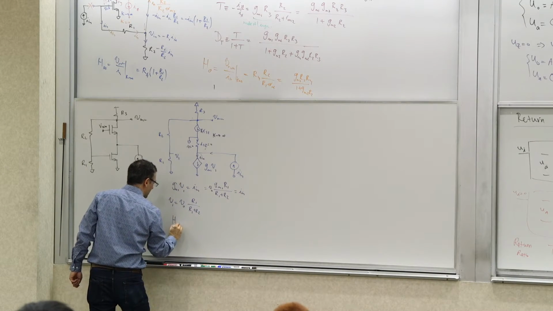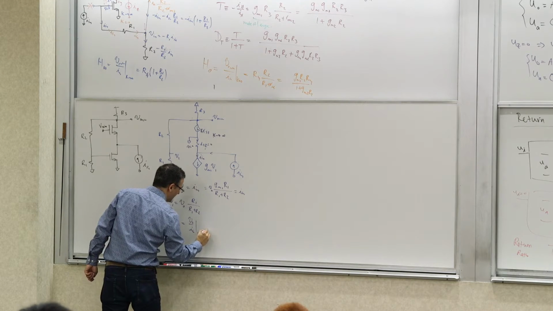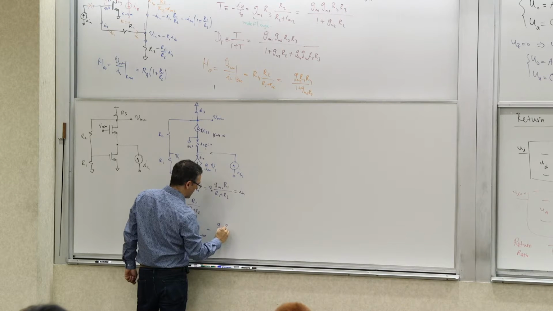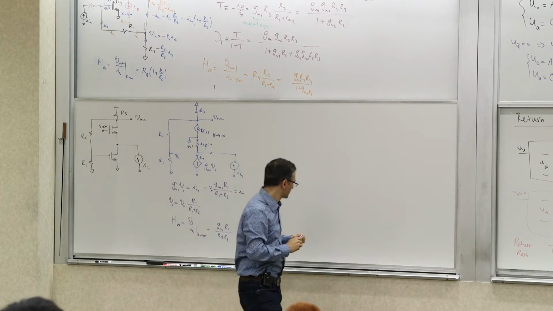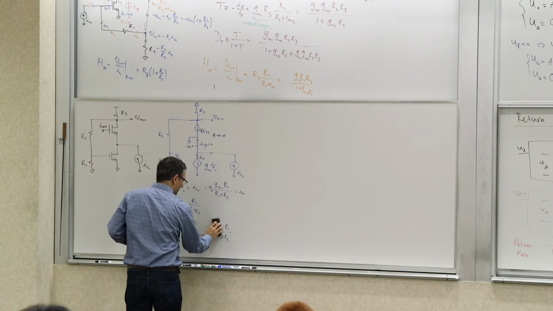Therefore H infinity, which is V out over I in when K is infinity, is... no, sorry, the other way around.